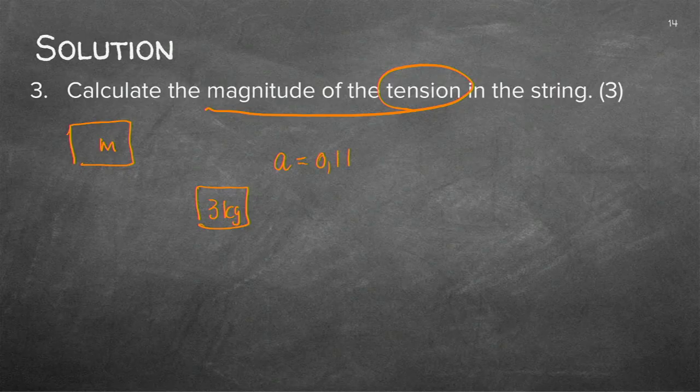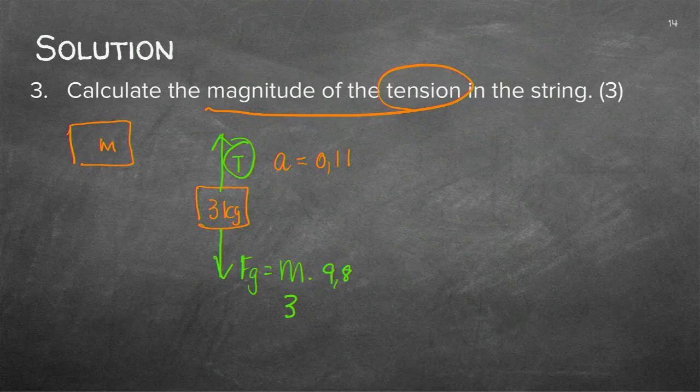We know we've got an upward tension there, and we've got gravity pulling it down. So let's work out the tension T. That is 3 times 9.8, which gives me a value of, let me just write it down, 29.4 newtons.